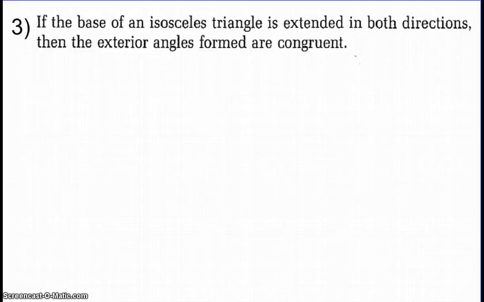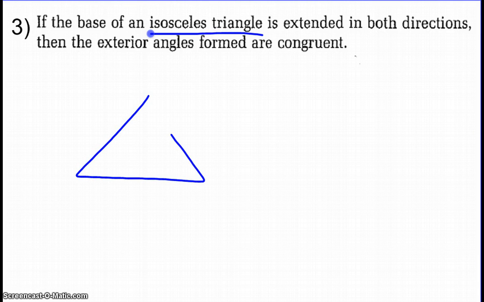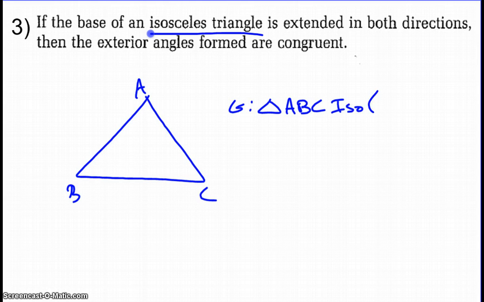Alright, so number 3, if we were to draw the appropriate diagram, the base of an isosceles triangle. So first off, we need to have an isosceles triangle again, and we'll keep BC as the base.